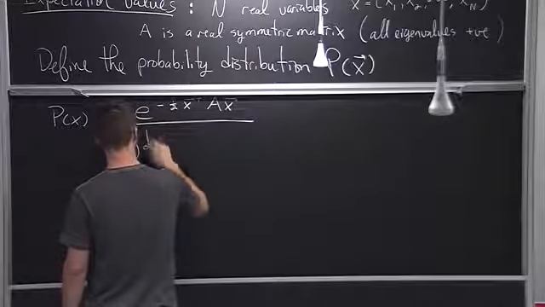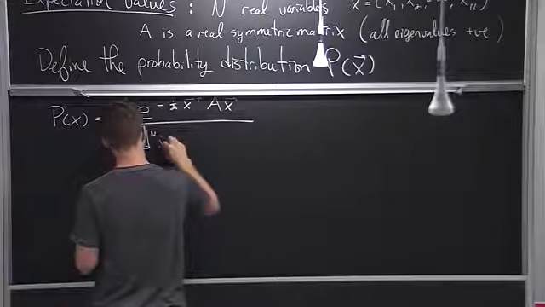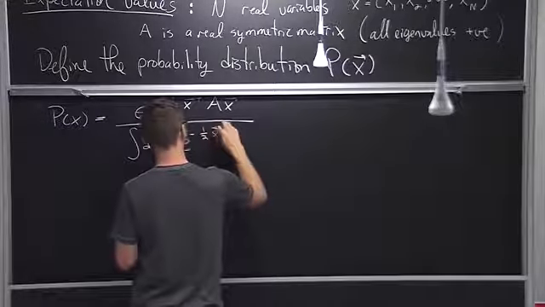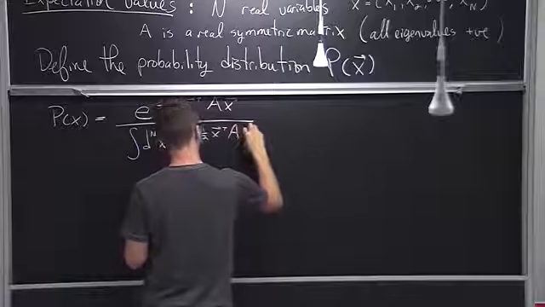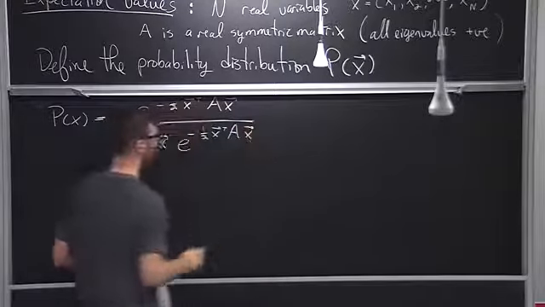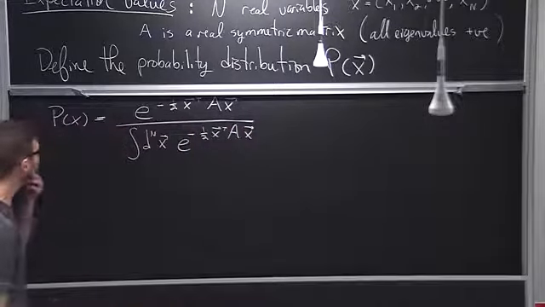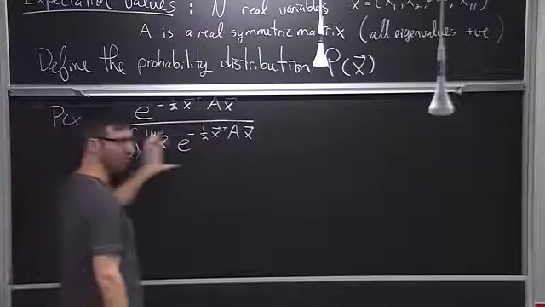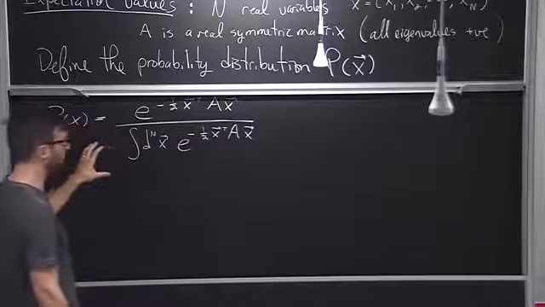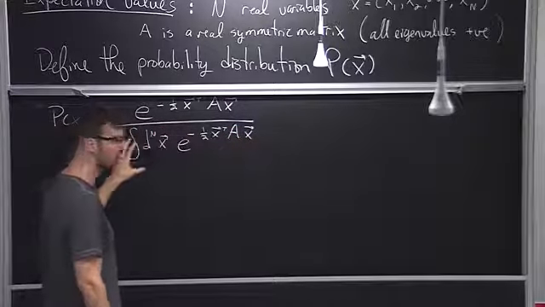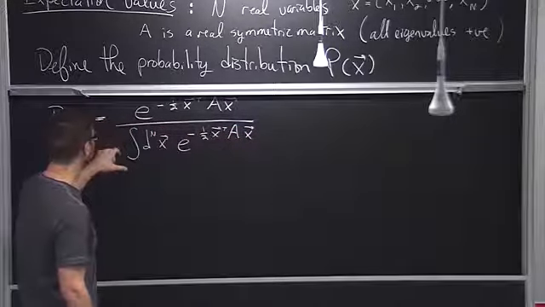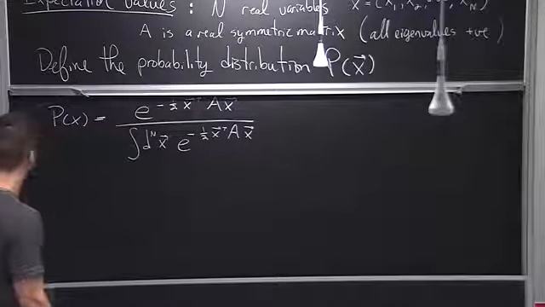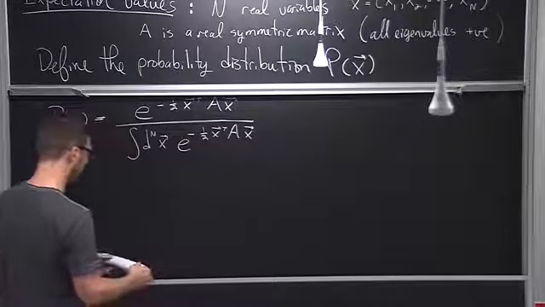And I'm normalizing this by what I imagine is the analogy of the partition function, the partition function for the Gaussian system. What this is going to turn into as we go on is like Z naught, the partition function for the non-interacting system. And this is like the Boltzmann weight that's going to weight all of our various arguments of the expectation values.